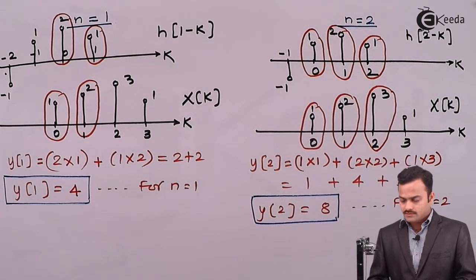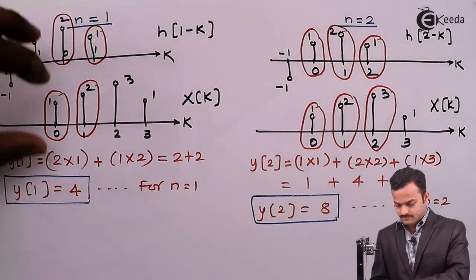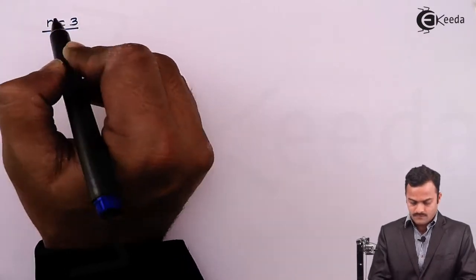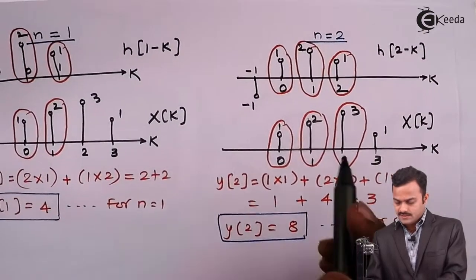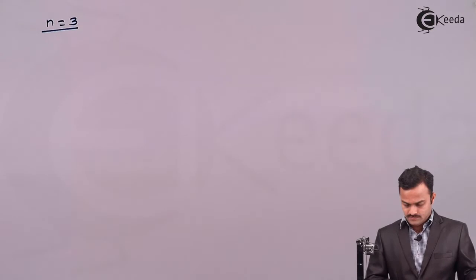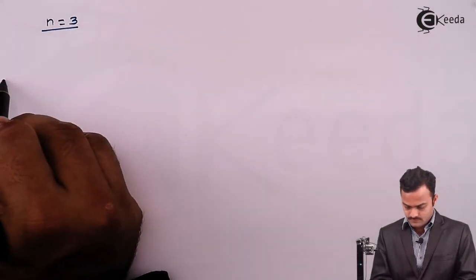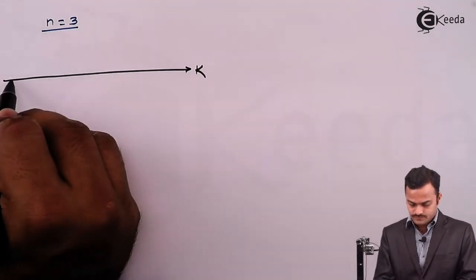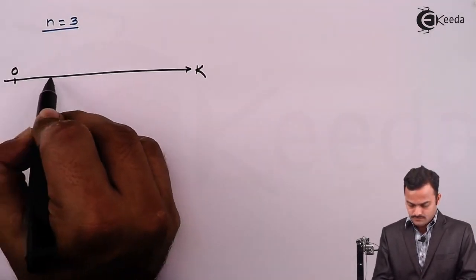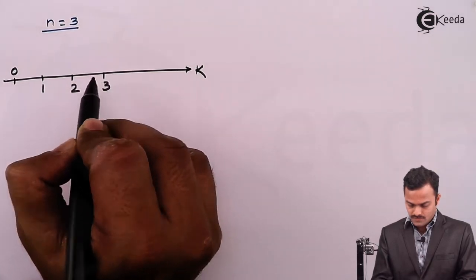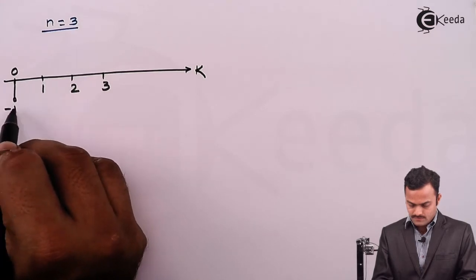Let's go ahead for n equal to 3. That means I can consider this signal will be shifted by 1 unit to right. So we'll get a signal spanning from 0, like this.